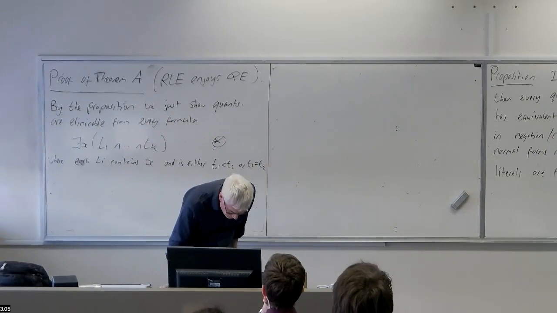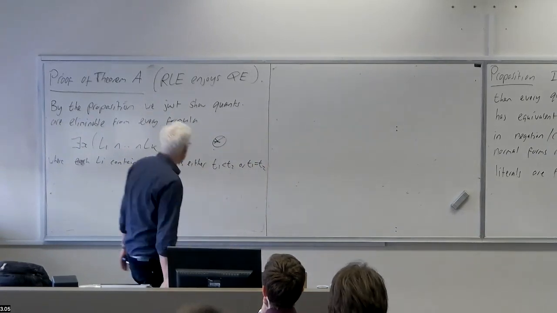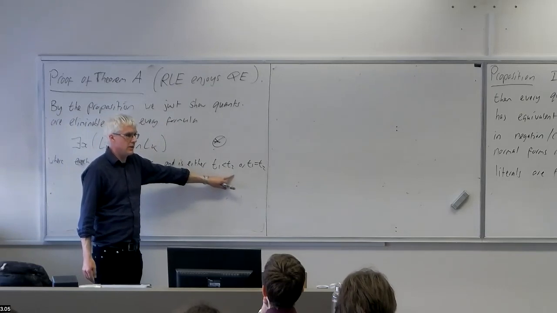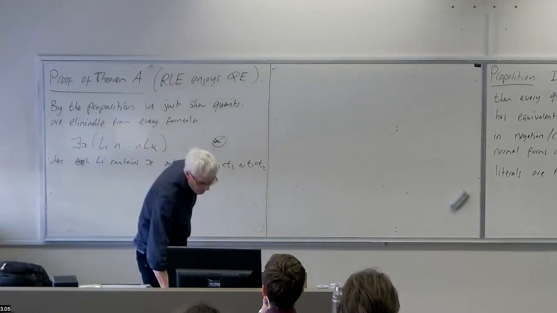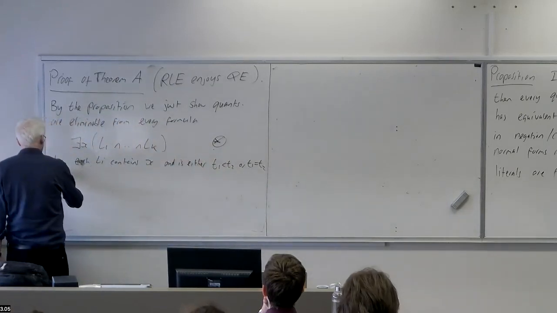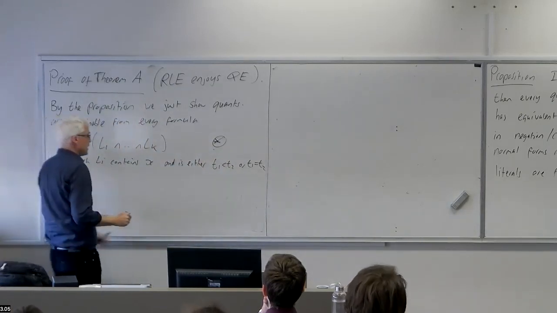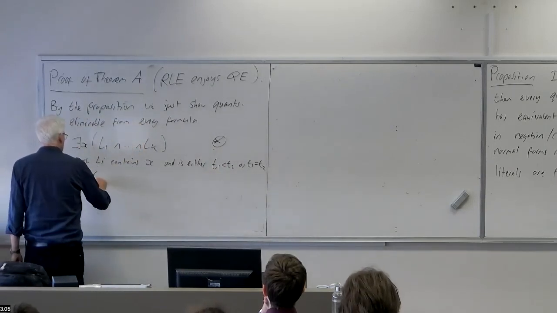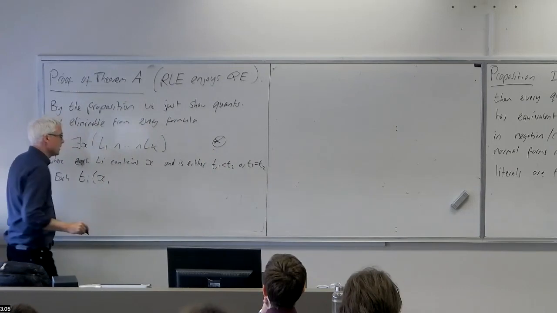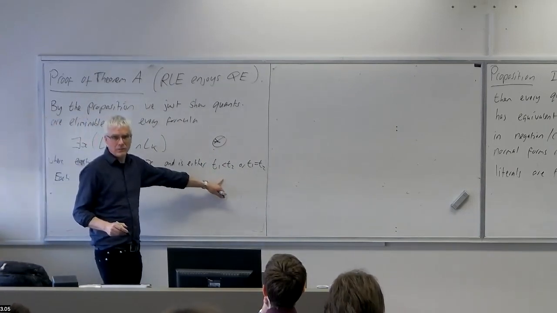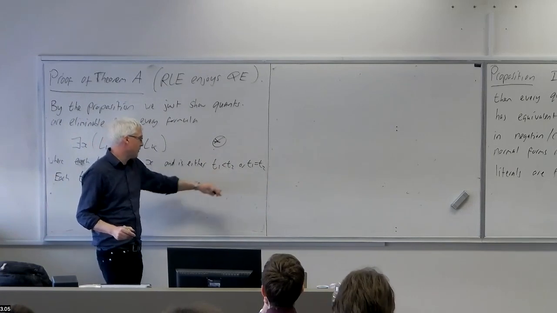Okay, so now we're going to use the normal form for these terms t1 and t2. Each of these terms here, they don't all contain the variable x. It's not true that every term needs to contain the variable x.